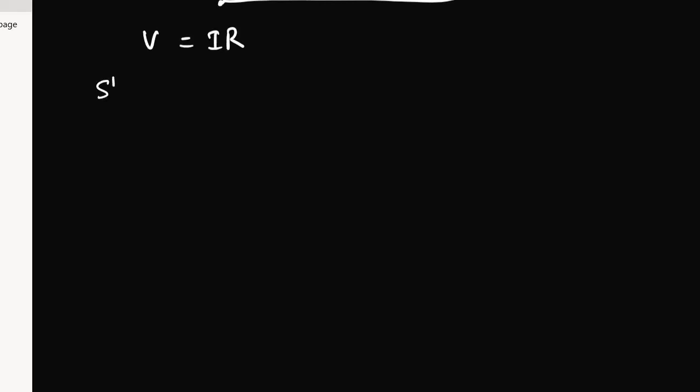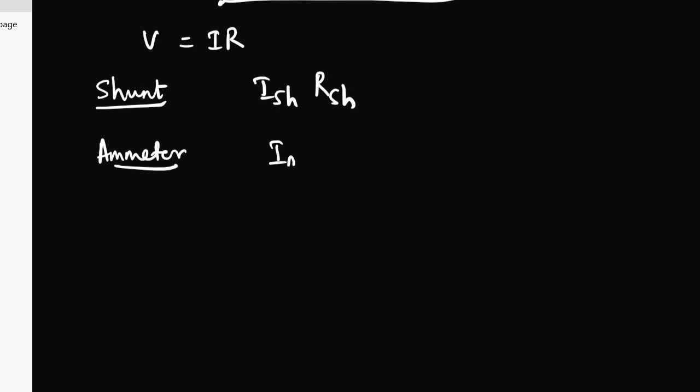For the shunt, this would be ISH times RSH. For the ammeter, it would be simply IM into RM. Now as V is equal in both, I can equate these two.